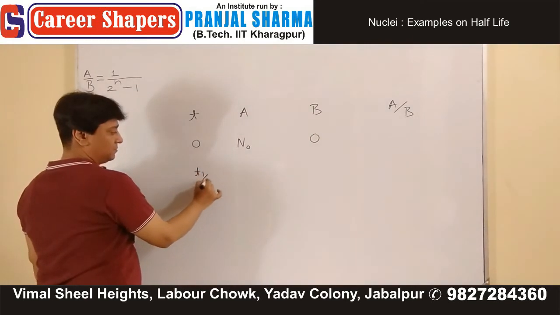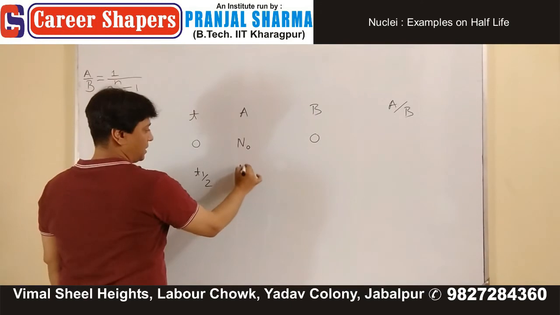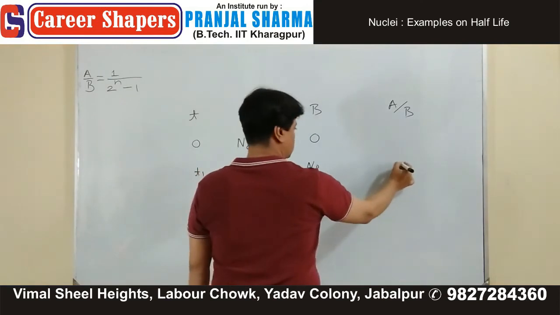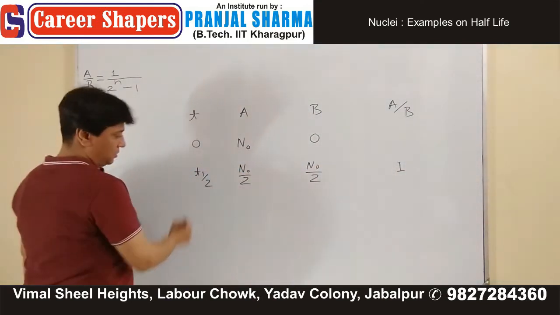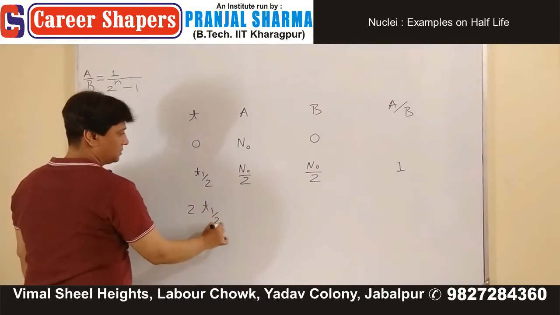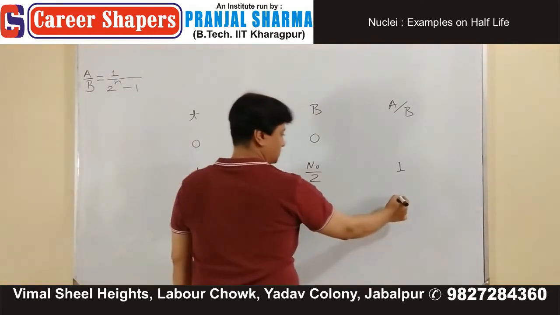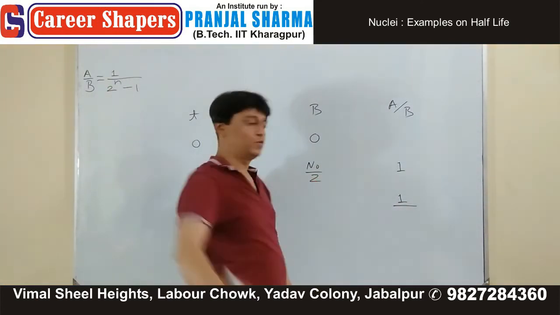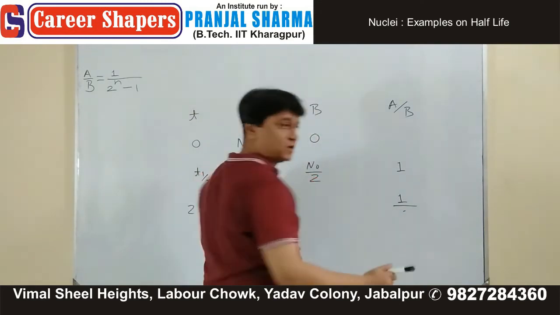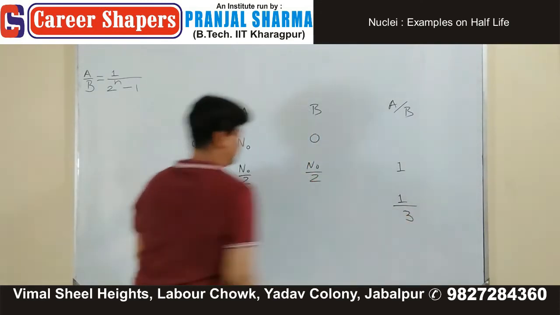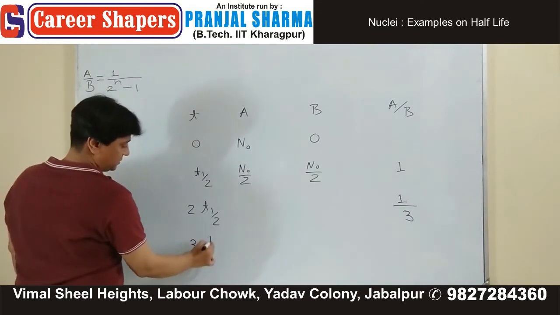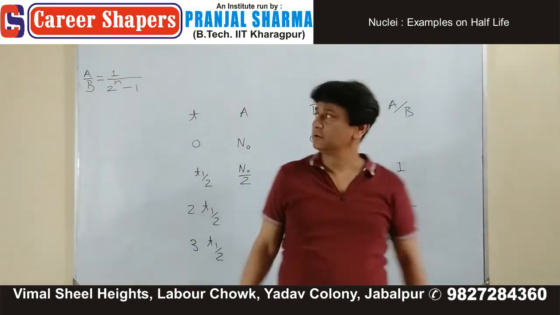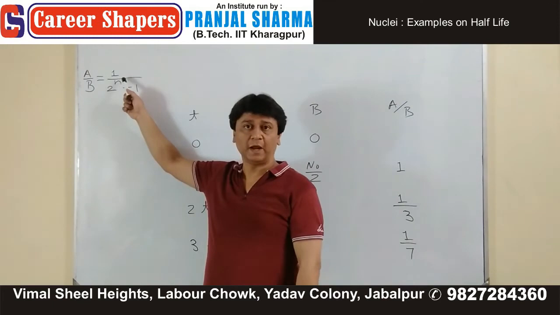After 1 T half, the ratio was 1. After 2 T halves, 2 to the power 2 minus 1, and after 3 T halves, the ratio was coming 1 upon 7, 2 to the power 3, 8 minus 1.